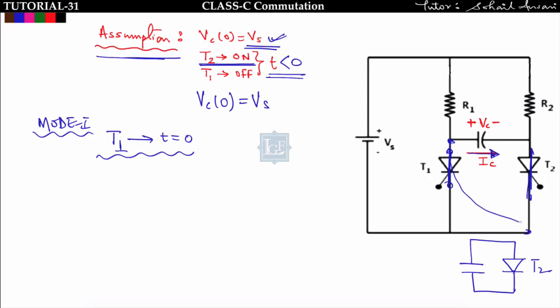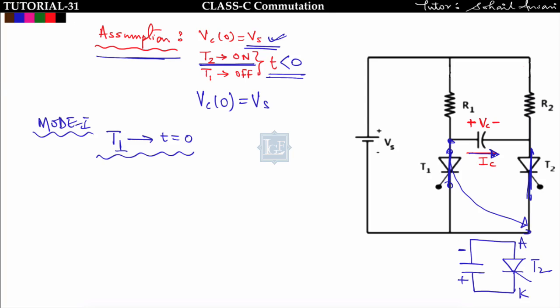The voltage polarity across thyristor T2 will be from plus to minus, meaning the anode is connected to minus and the cathode to plus. The moment the voltage across T2 is negative, this thyristor goes into reverse bias and turns off.